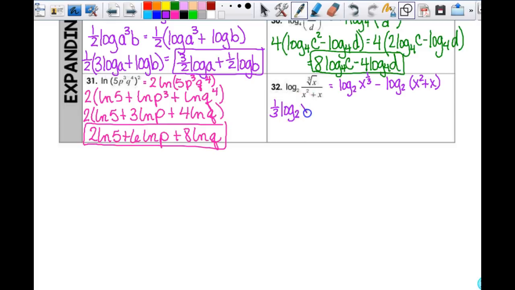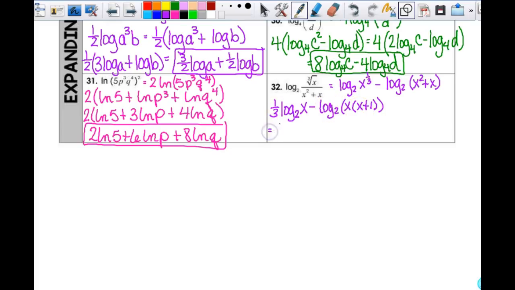and then this is addition. I don't get to split that because it's addition. This has to be multiplication in here, but I can factor this. This is minus the log base 2 of x times x plus 1. So I can expand this part because I've got some multiplication going on in here.